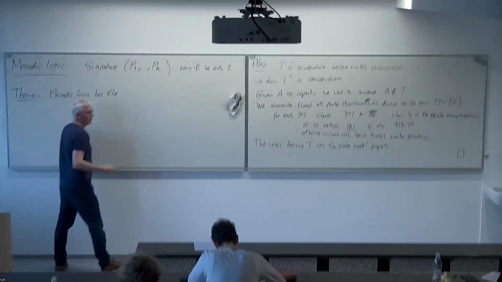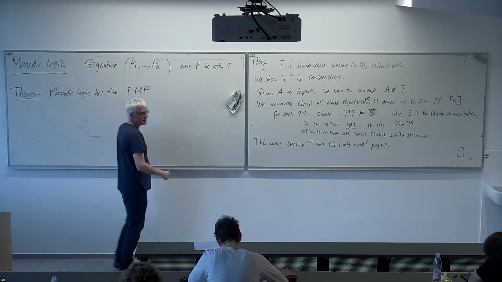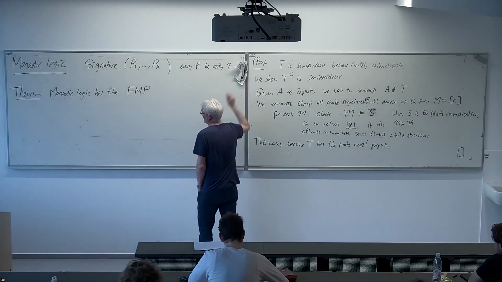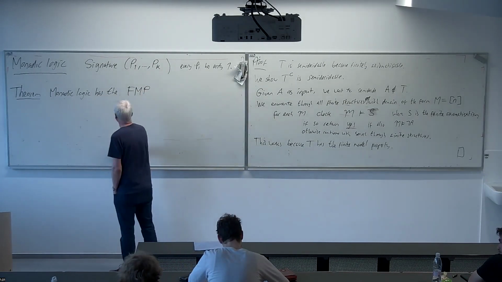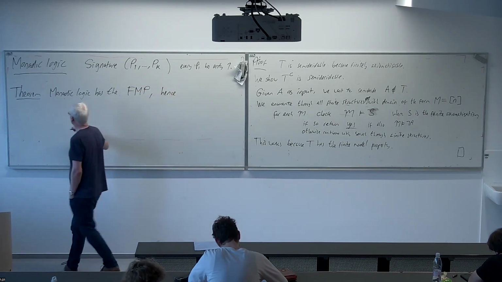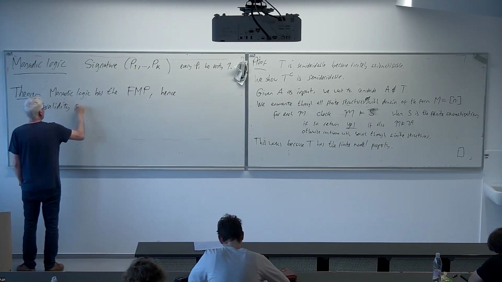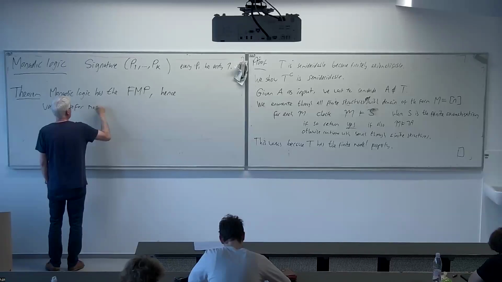The finite model property is often abbreviated as FMP, especially in modal logic. Hence validity of monadic sentences is decidable.